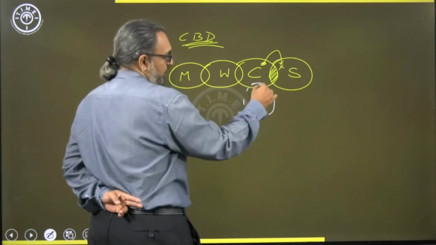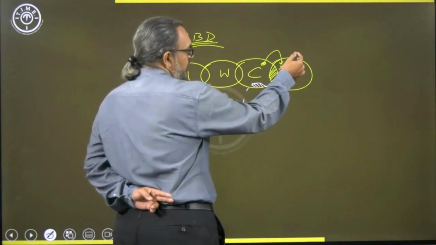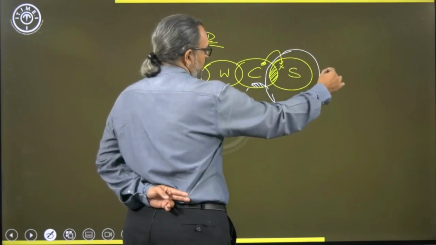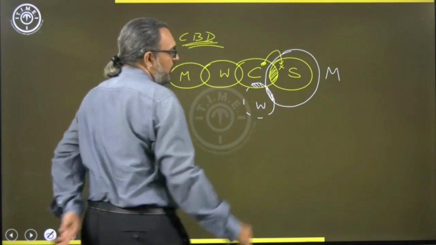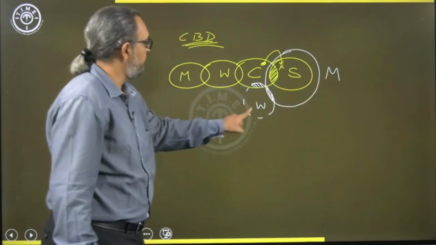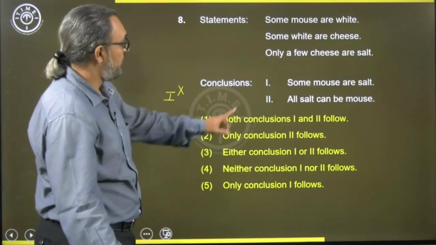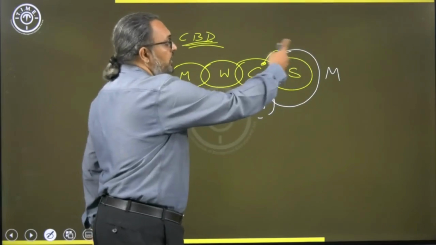So that is my overlap with cheese, and I can now take the mouse circle like this, so that I can have the mouse and the white also overlapping. So what is the condition that says all salt can be mouse? Can I take all the salt inside mouse?